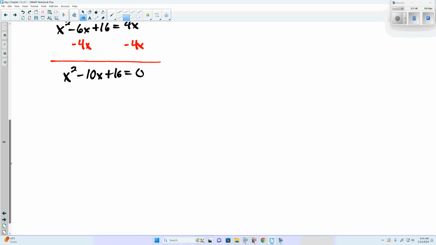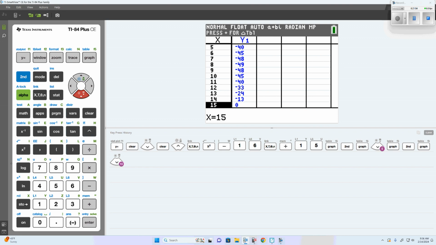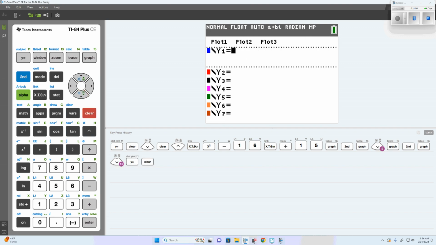Now from here we can graph it, we can factor it, use the quadratic formula, any of those methods. I have a feeling we'd prefer graphing, yes? So here, y equals x squared minus 10x plus 16.